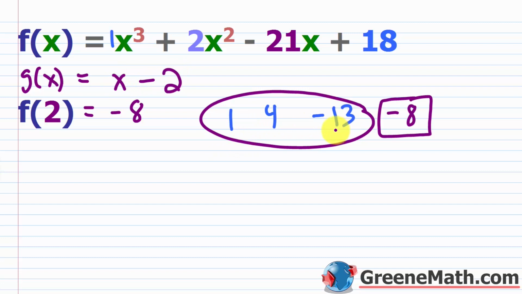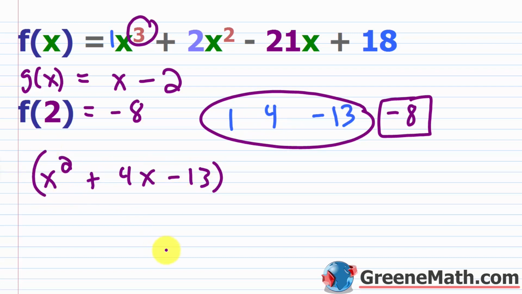To make sense of these numbers, you take the degree of the polynomial, in this case the highest exponent is a 3, and this would just be 1 less. So this is the coefficient for x squared, because 3 minus 1 is 2. Okay, so 1 would be the coefficient for x squared. Then you would have plus your 4x, and then minus your 13. Okay, so this would be your quotient.